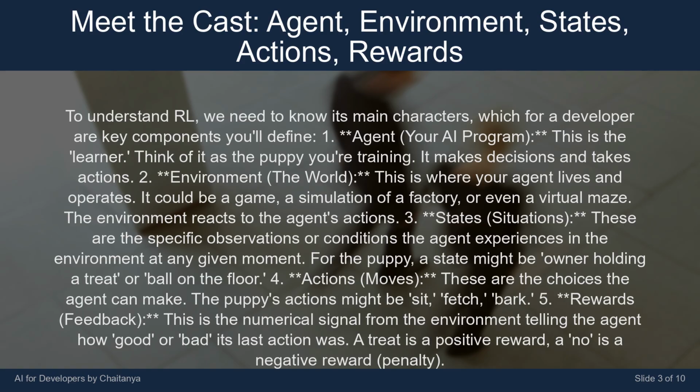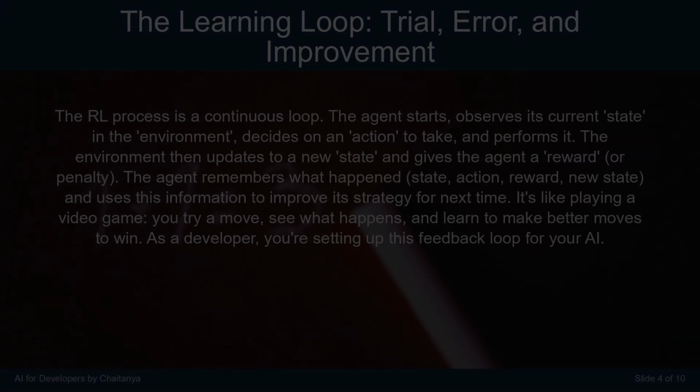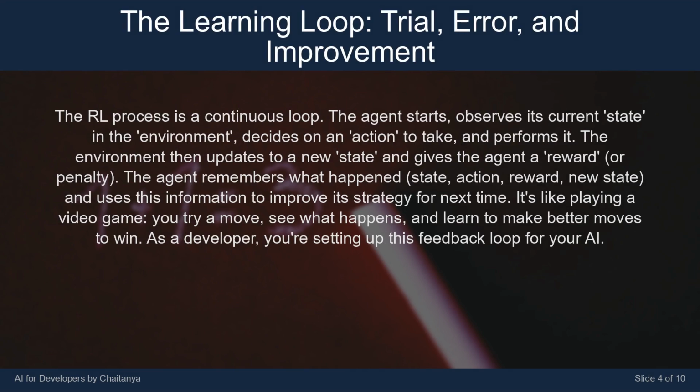The puppy's actions might be sit, fetch, bark. 5. Rewards, feedback. This is the numerical signal from the environment telling the agent how good or bad its last action was. A treat is a positive reward. A no is a negative reward, a penalty.